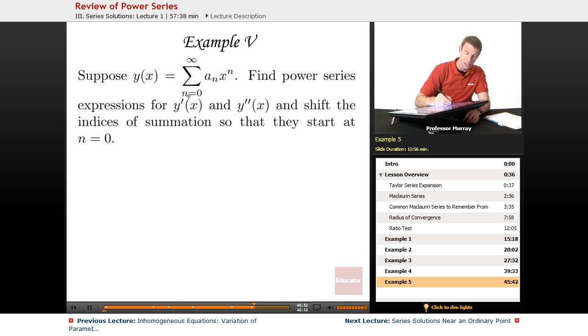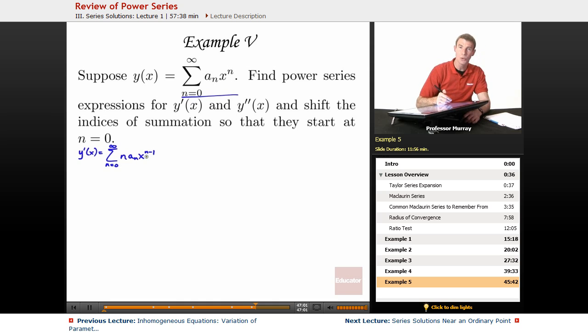If y of x is given to us, this sort of generic power series, that's the guess we'll make to solve differential equations in the next lecture, then y prime of x, well, we're going to take the derivative there, n equals 0 to infinity, of a sub n, because that's a constant, but the derivative of x to the n is n times x to the n minus 1.